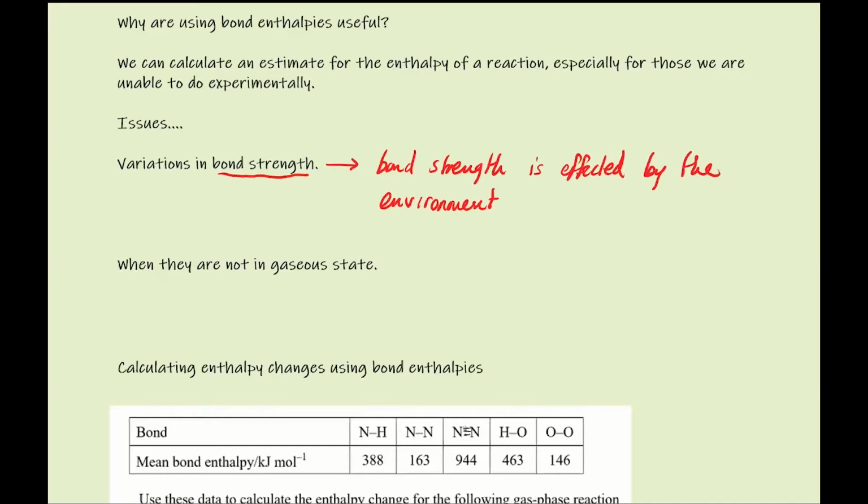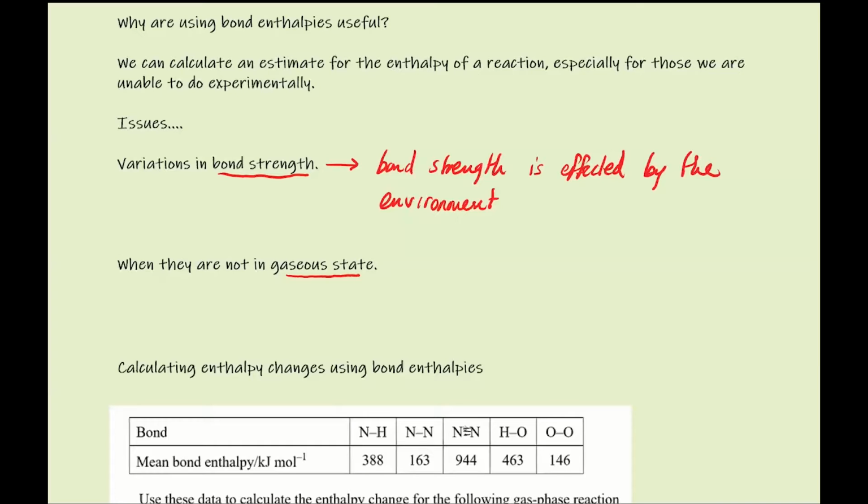The second one is that they are not necessarily in gaseous state. So for instance, if I do a reaction experimentally, combustion of ethanol, well, ethanol is liquid to begin with, so it's not in gaseous state.